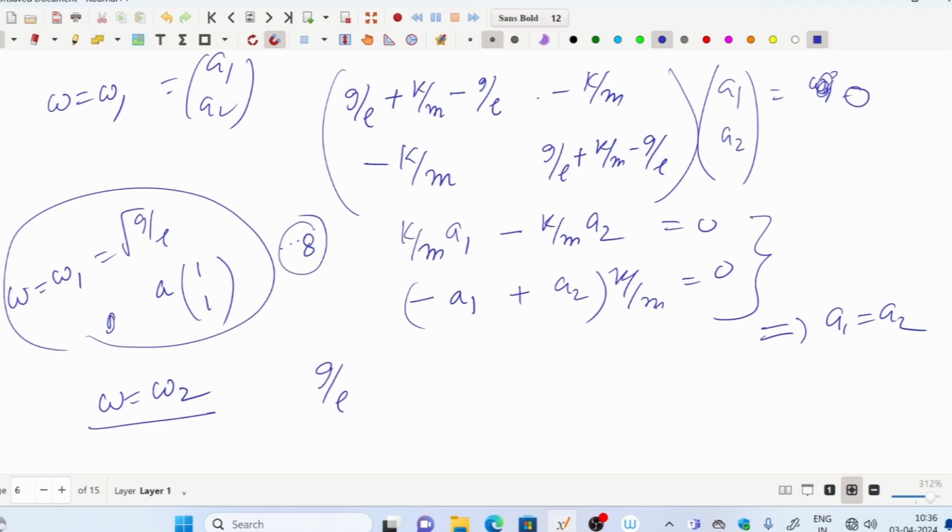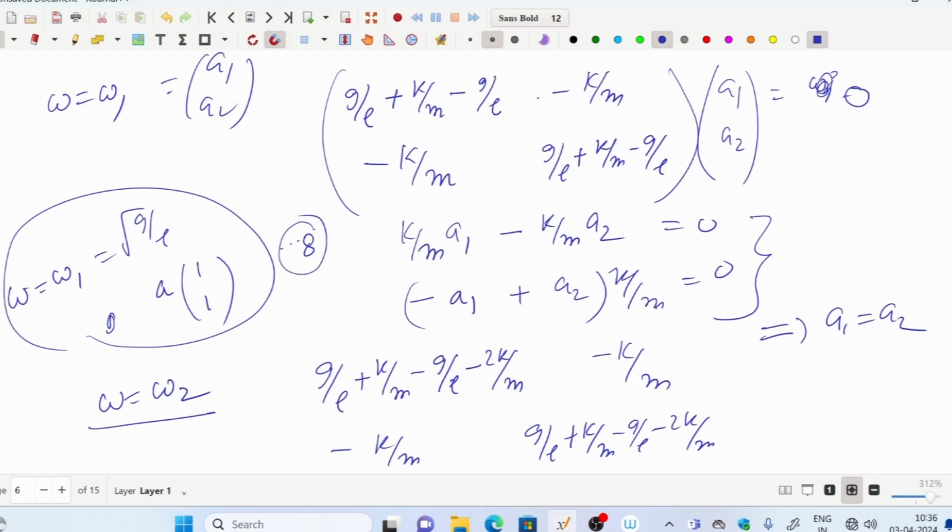So, g by L plus k by m minus omega 2 square, which is g by L plus 2 k by m, and this side minus k by m, minus k by m, and g by L plus k by m minus g by L minus 2 k by m, and say this vector is b1 and b2, equal to 0.